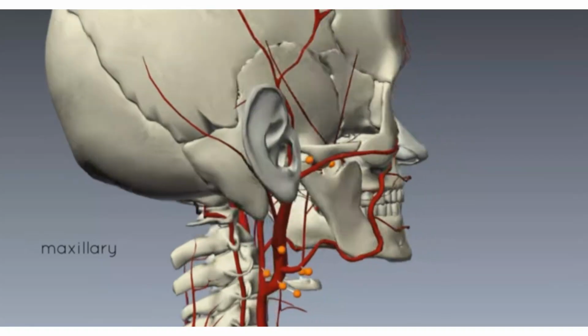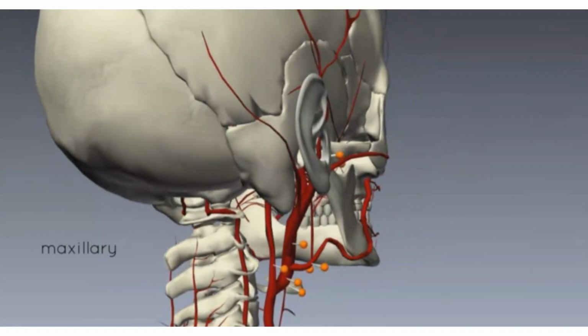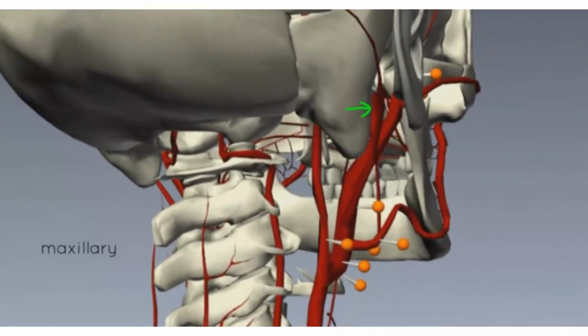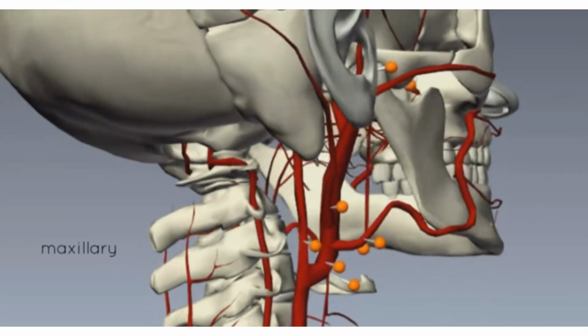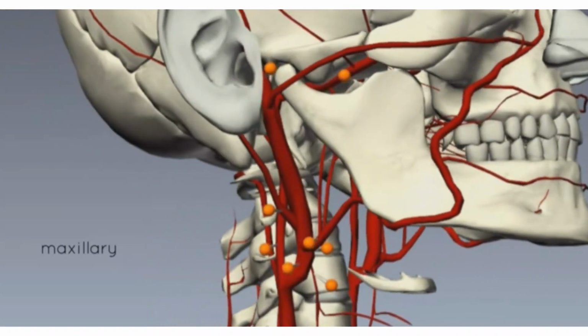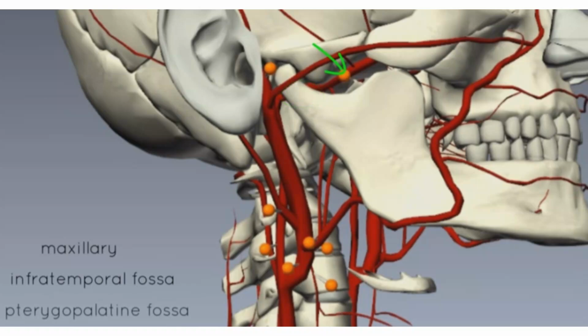If I rotate the model around posteriorly, we can see the maxillary artery running behind the neck of the mandible, and if I rotate it round again to the lateral view, you can see it passing medially to the neck of the mandible, and then it passes into the infratemporal fossa and ultimately into the pterygopalatine fossa.